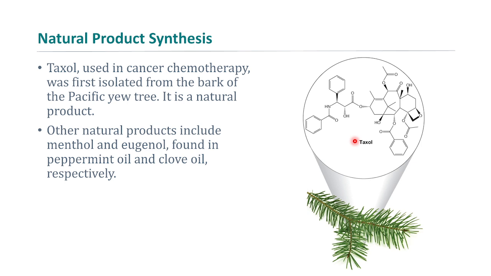Typically you're going towards an end product that you already know what it looks like and what it should be. You usually have a spectra of that already. You usually have a structure more or less worked out, and you're trying to get the end product. And so retrosynthesis is taking the synthesis and writing it backwards.